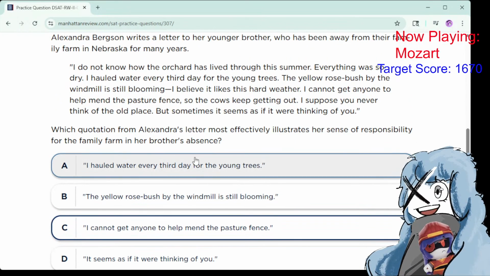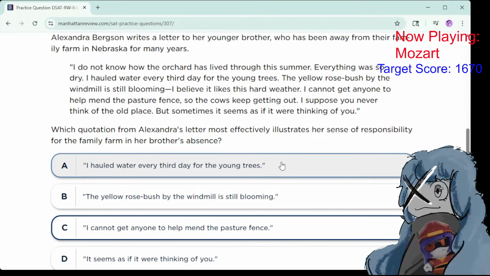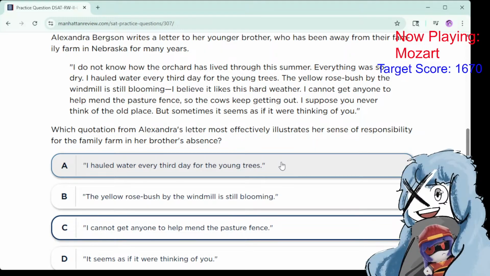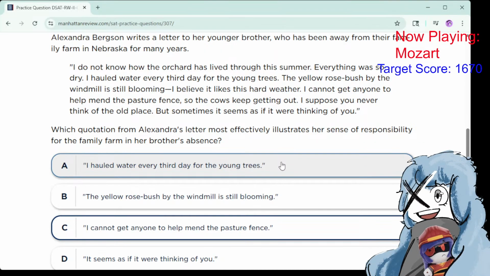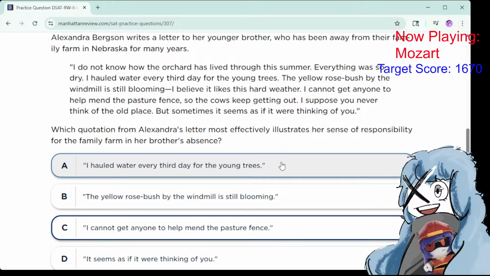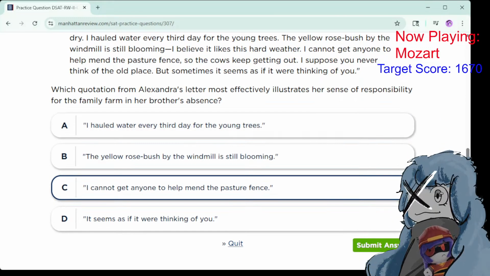A shows commitment, but C shows like really tough. I'm really bad at the second one, bro. So what is it, not A? I haul water every day for young trees. It shows commitment rather than C.